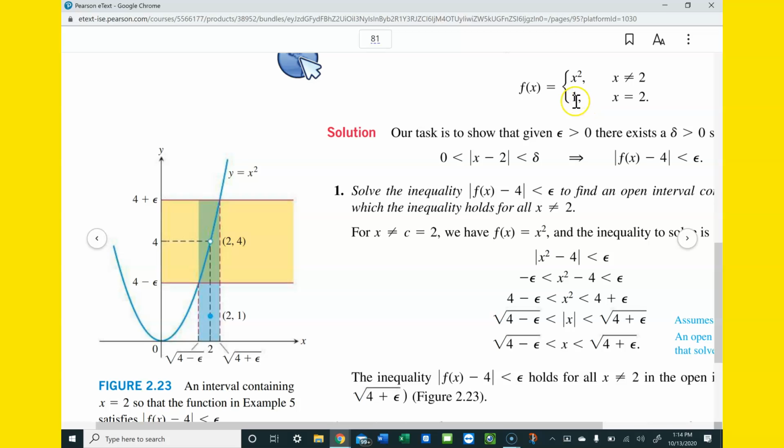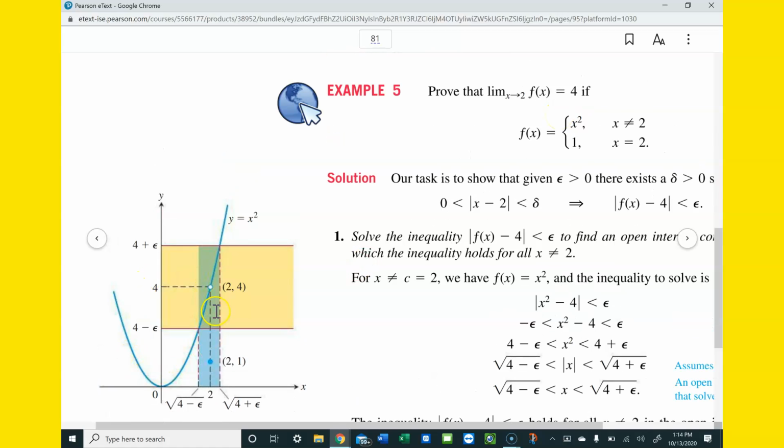So it is the point 2, 1. So it is happy to be this parabola until it gets to 2, and then it is no longer happy to be that parabola. It now is defined at that point. Then after that, it is happy to be that parabola again. But we're trying to prove that the limit of this function as x approaches 2 is 4. So this function gets close to 4 as x gets close to 2.